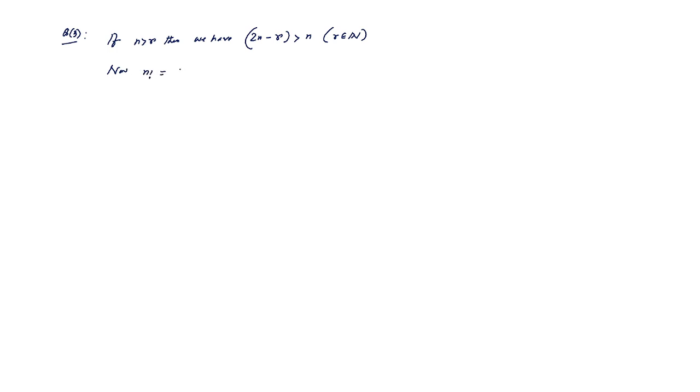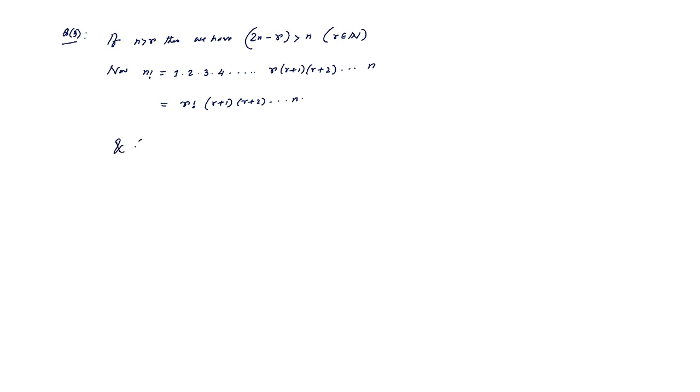We can write n factorial equals 1 into 2 into 3 into 4 up to r into r plus 1 into r plus 2, up to n. So that we can write r factorial into r plus 1 into r plus 2 up to n.